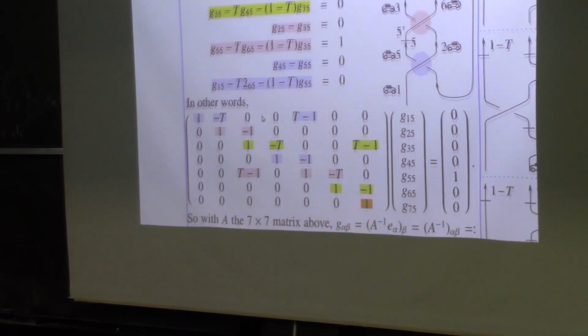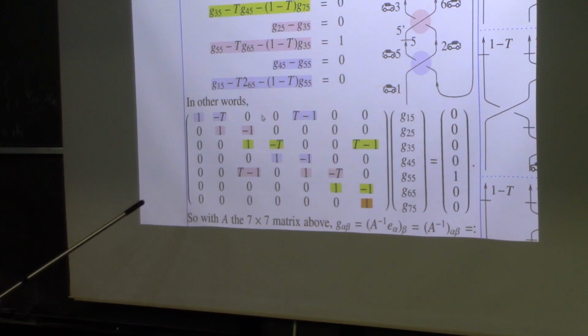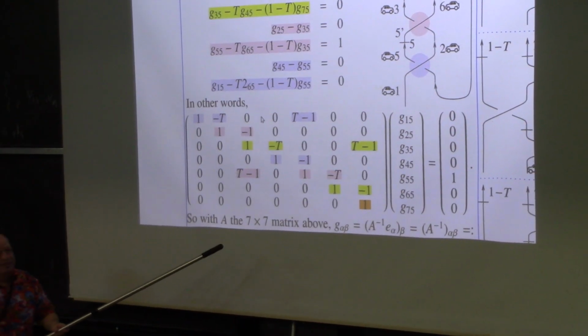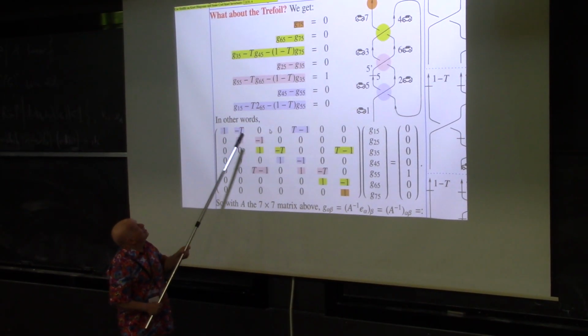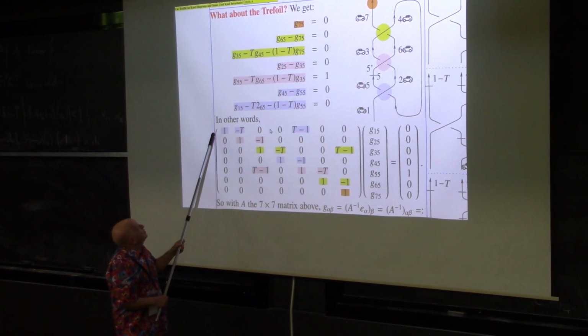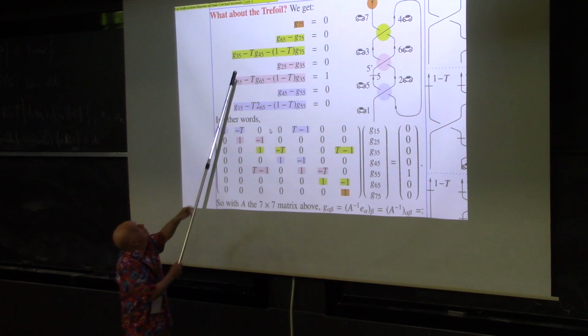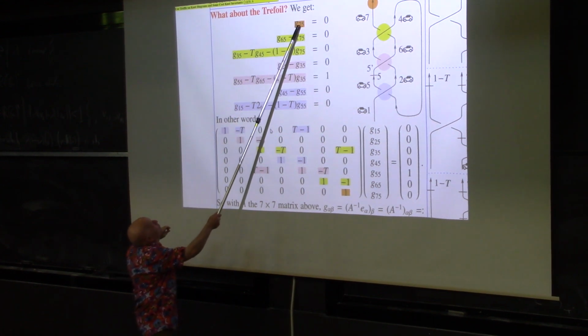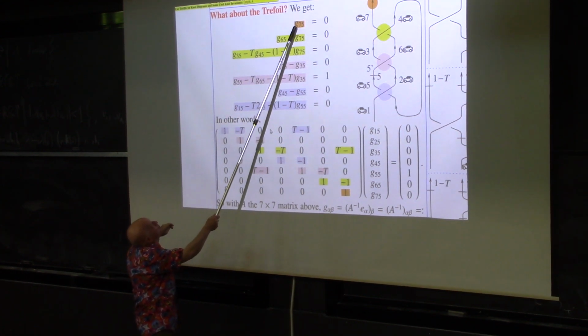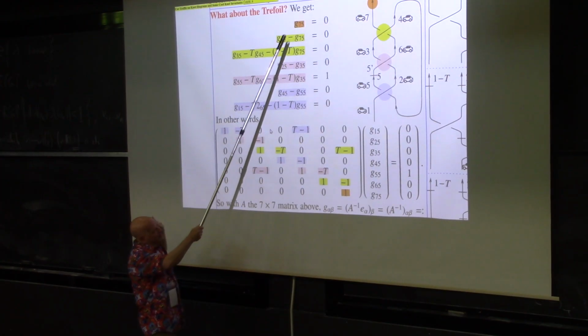Namely, we set up a matrix. And here is the matrix. So I actually ordered the rows of the matrix according to the left index of the G that comes with a positive sign.